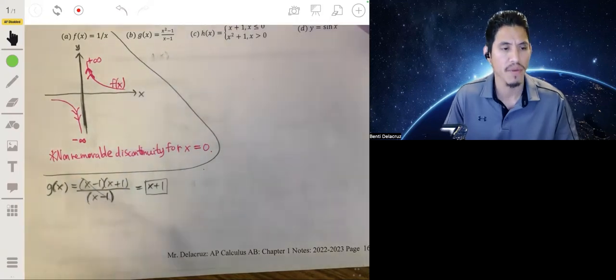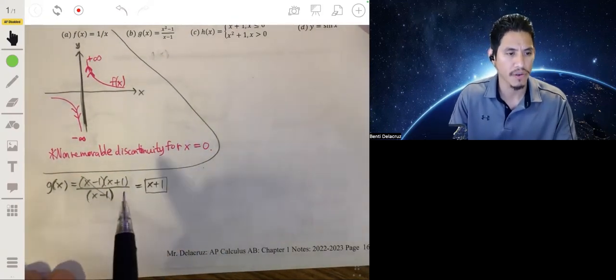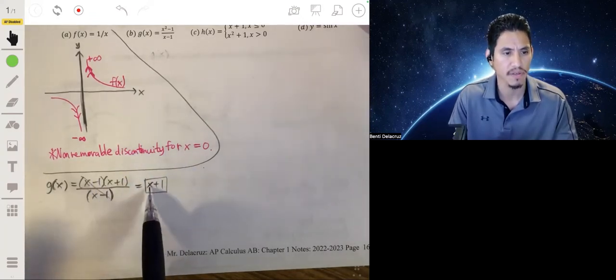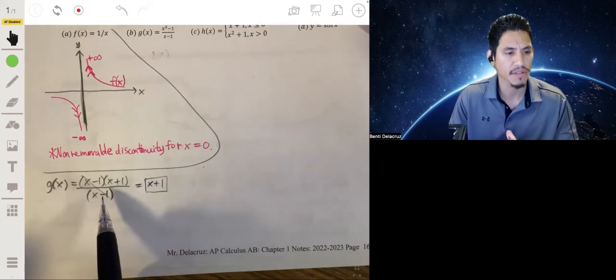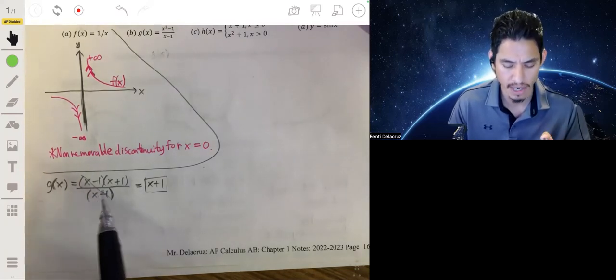If you remember from the previous lesson, this graph is essentially the same as the graph of x plus 1, except that there's going to be a hole at x equals 1, because when you plug x equals 1 into this function, you get an undefined value because you're going to have 0 in the denominator.